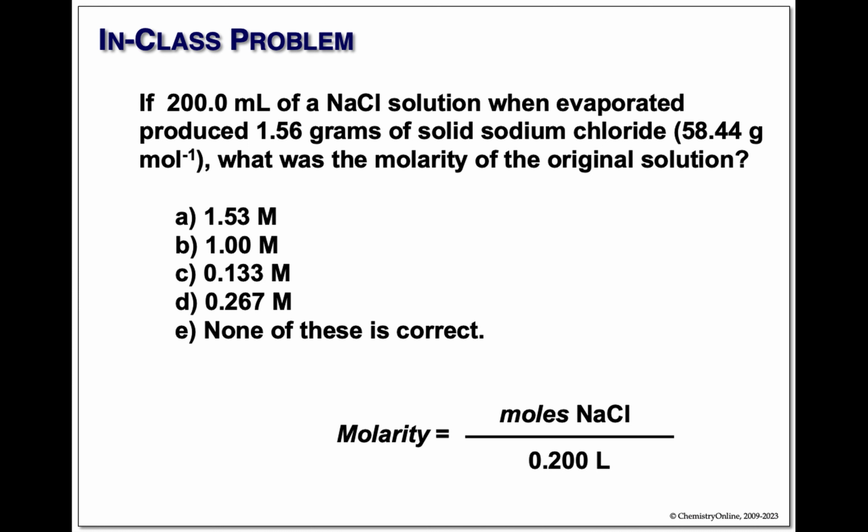Moles of sodium chloride, we recovered 1.5 grams, and 58 is our molar mass. Simply take 1.5 divided by 58 divided by 0.2. We're looking at 1.33 moles per liter.